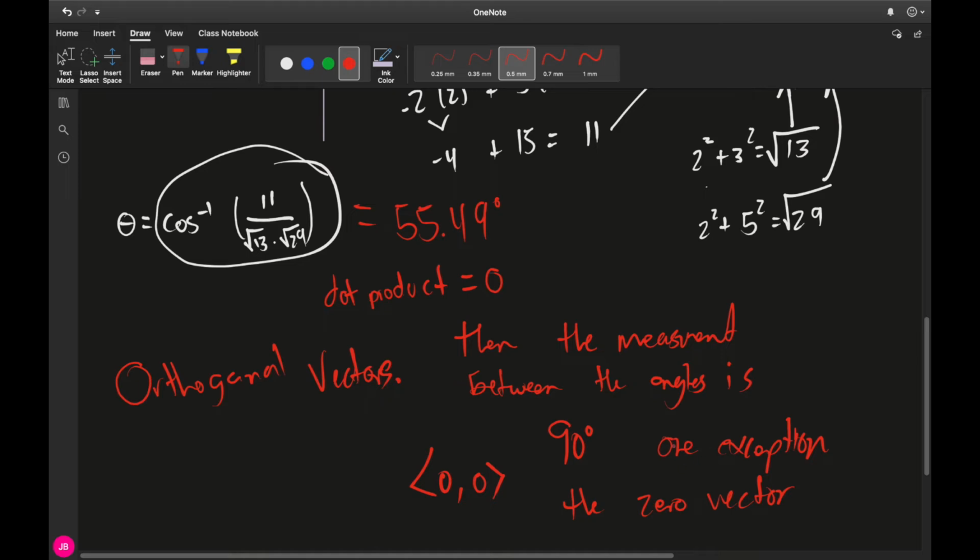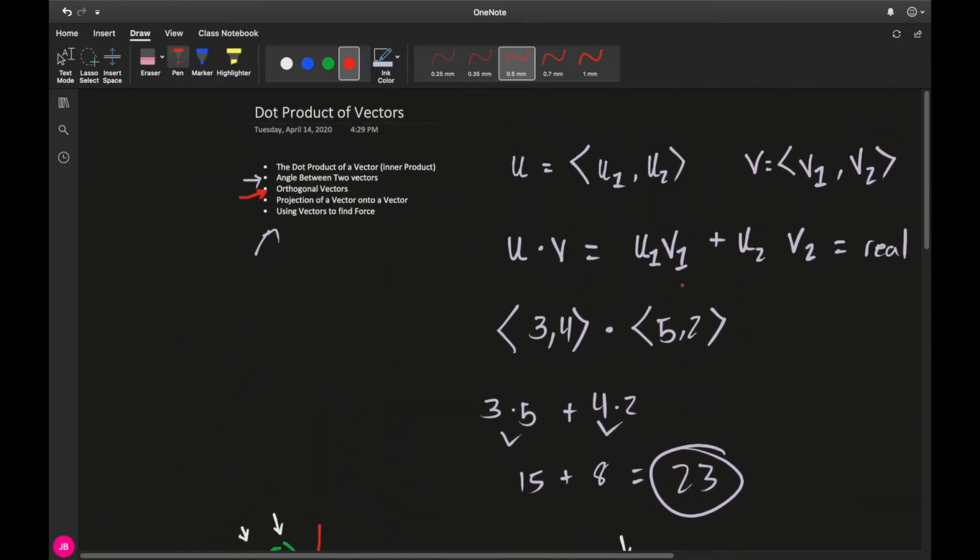So that's the only exception. But other than that, any orthogonal vector is going to have a dot product of 0, and the measurement between the angles is going to be 90 degrees. So that's going to be super important. And now you know what orthogonal vectors are.